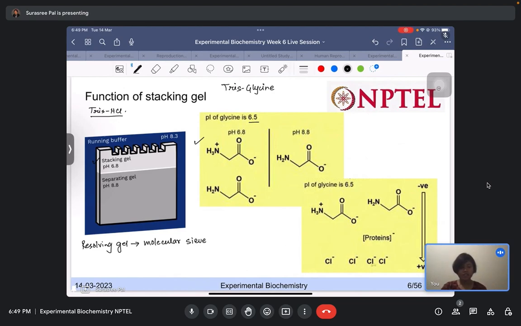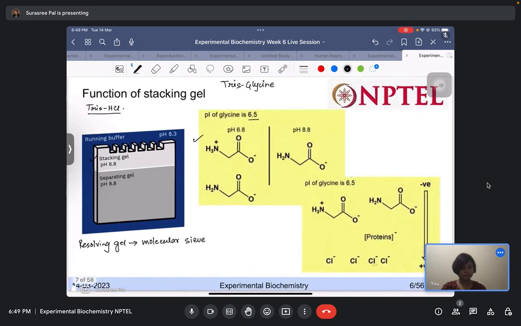So in our stacking gel, glycine will be either a zwitterion or slightly negatively charged, because you can see that the pH is not much more than the pI of the glycine. The pH is slightly more than the pI of the glycine.